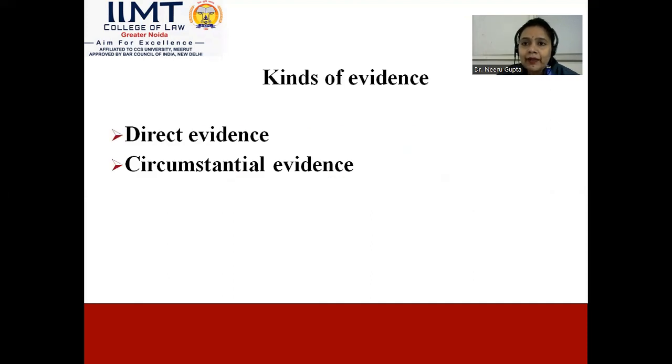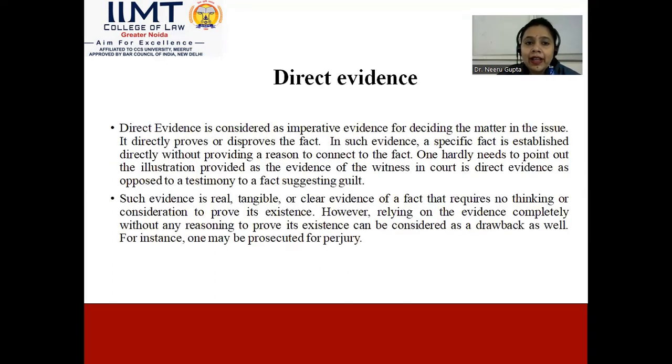Kinds of evidence. There are two types of evidence, direct evidence and circumstantial evidence. Direct evidence is considered imperative evidence for deciding the matter in issue. It directly proves or disproves the fact. In such evidence, a specific fact is established directly without providing a reason to connect to the fact.